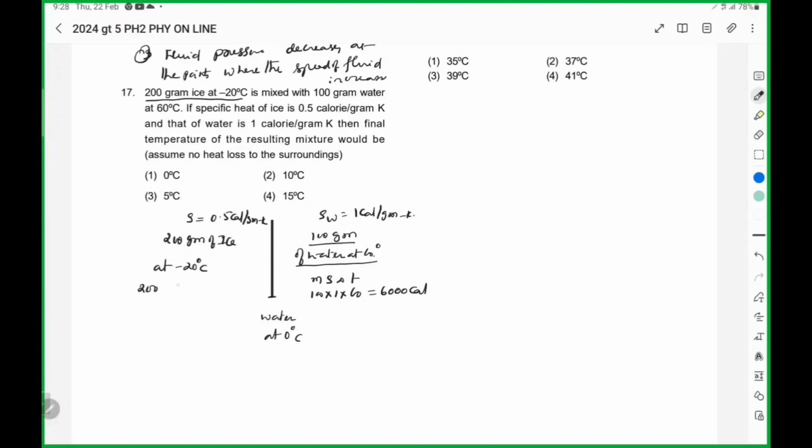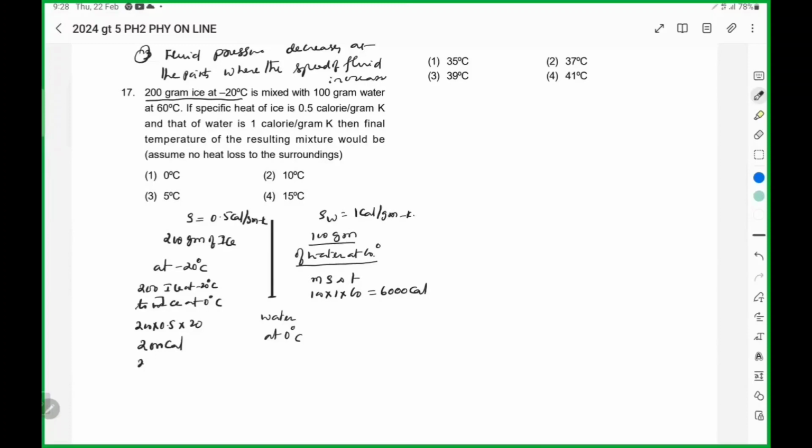First stage, 200 grams of ice at minus 20 to 0. That is 200 into 0.5 into 20, that is 100 into 20, 2000 calories. Even if this energy is utilized, still 4000 calories are there.